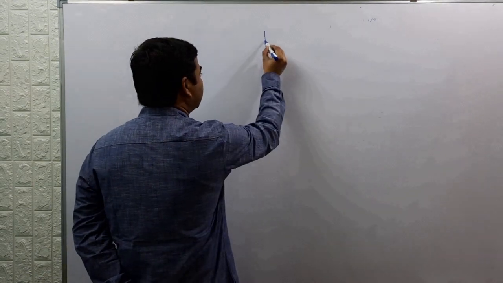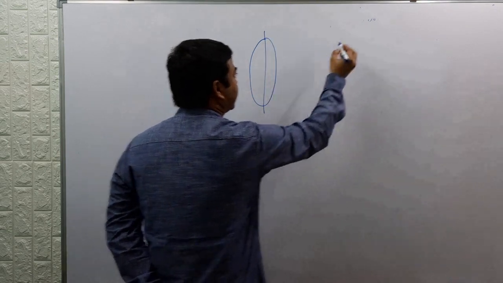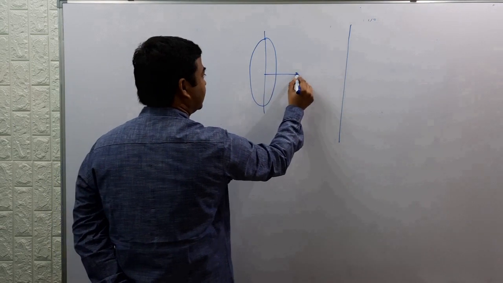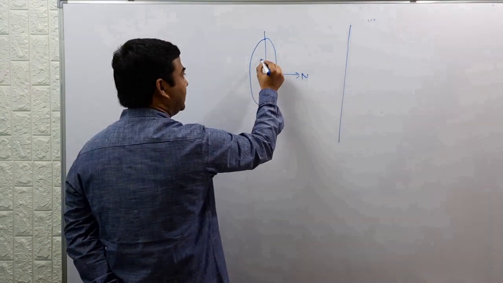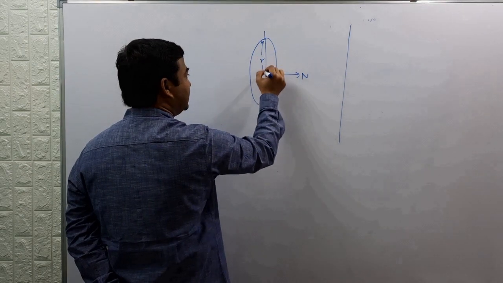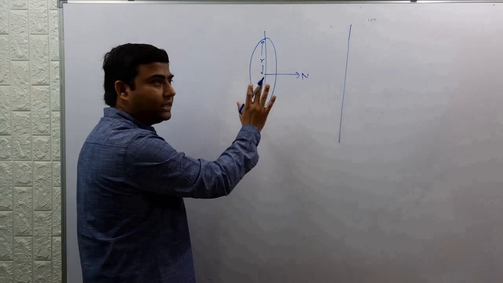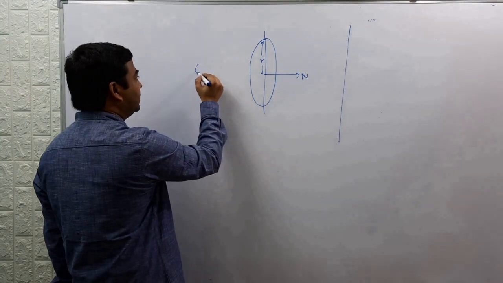Let this be a circle, and this is the normal to the surface of the circle, and the radius of this circle is r. We will find the shaded area of this circle when it is perpendicular.